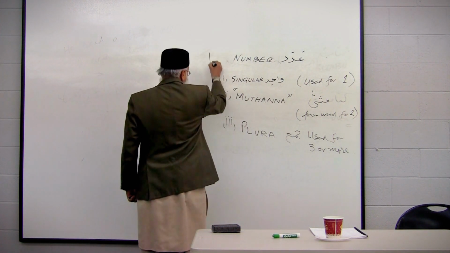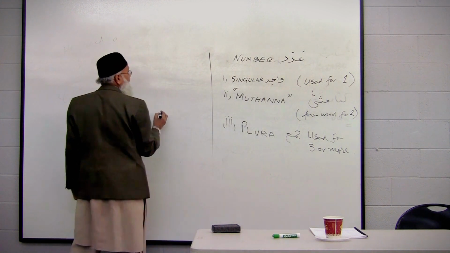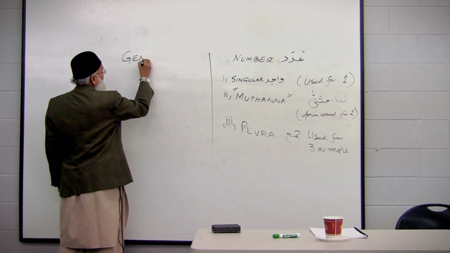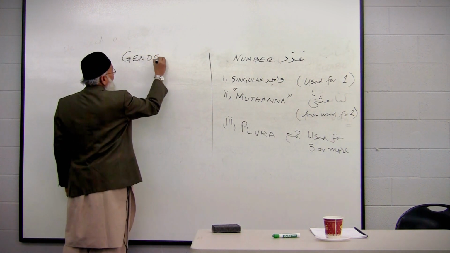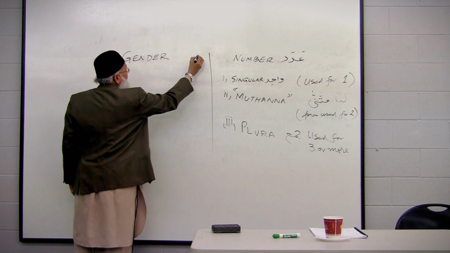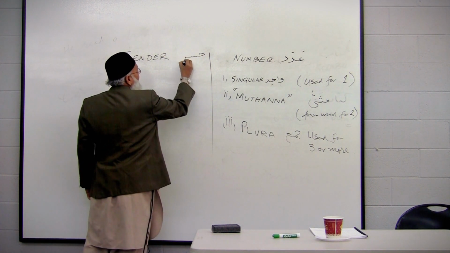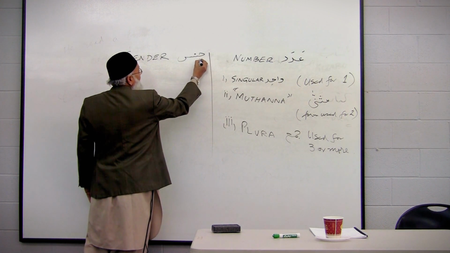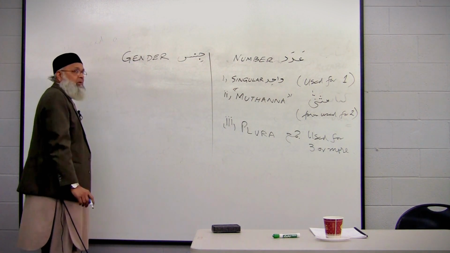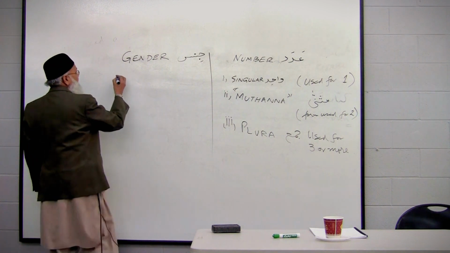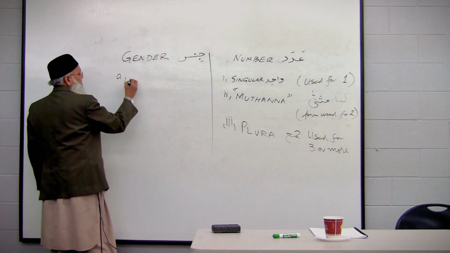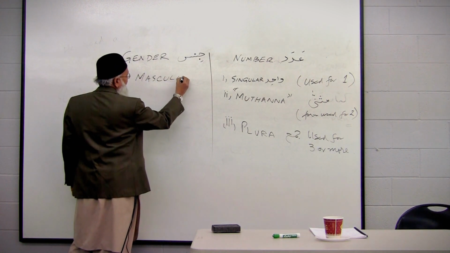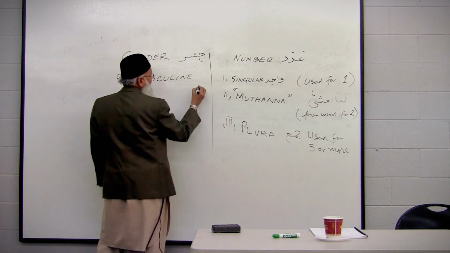Then parallel to that, we move to the third character of ism, and that is gender. Jins. In Arabic you will call jins. Gender. There are two genders, a masculine, this is called mudakkar.